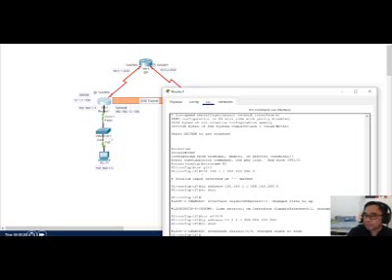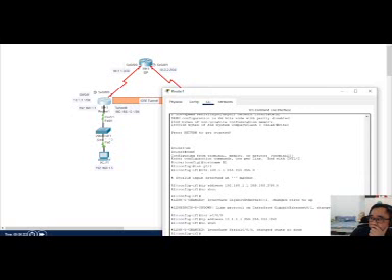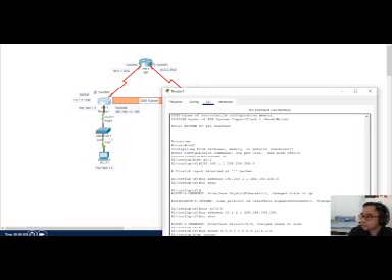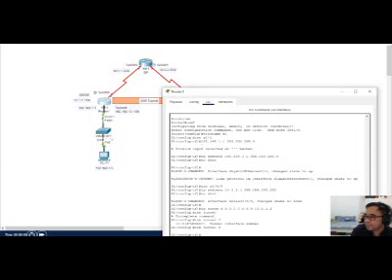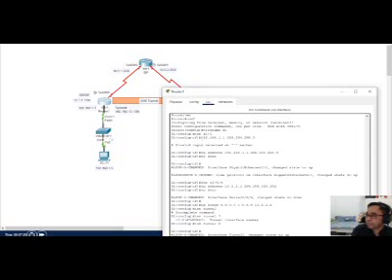Then what else? We set the tunnel. Okay, the interface tunnel 0. It starts with 0, interface tunnel 0. Now we're inside tunnel 0, and we put the IP address.